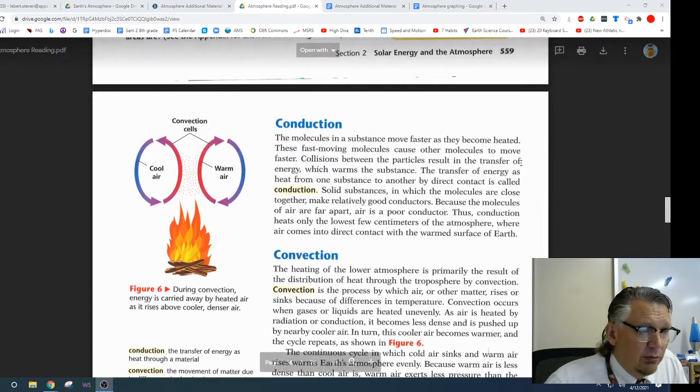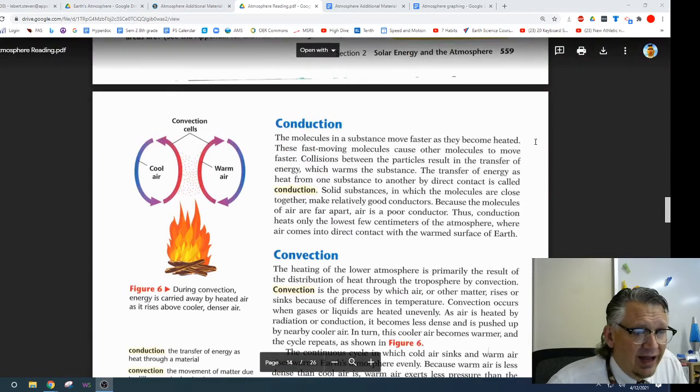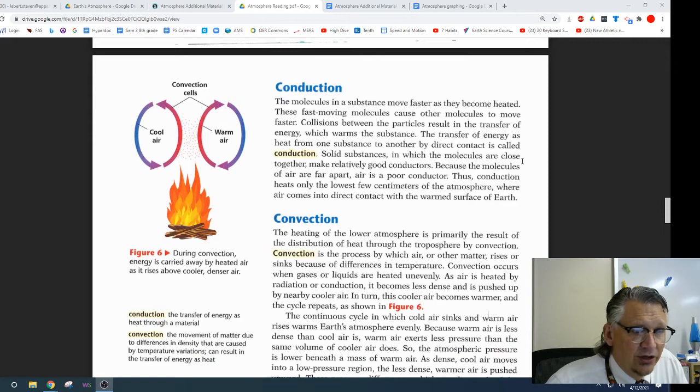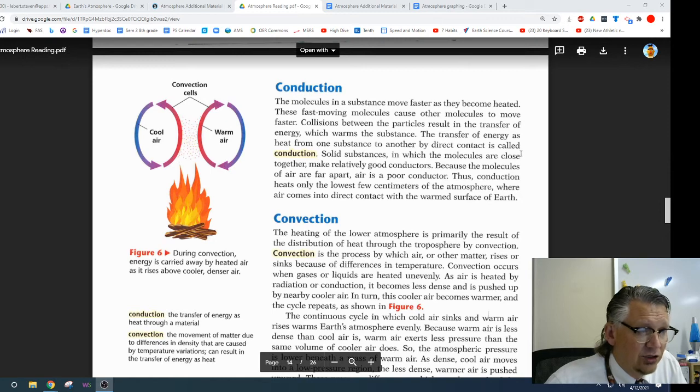Conduction. The molecules in a substance move faster as they become heated. These fast-moving molecules cause other molecules to move faster. Collisions between the particles result in the transfer of energy, which warms the substance. The transfer of energy as heat from one substance to another by direct contact is called conduction.